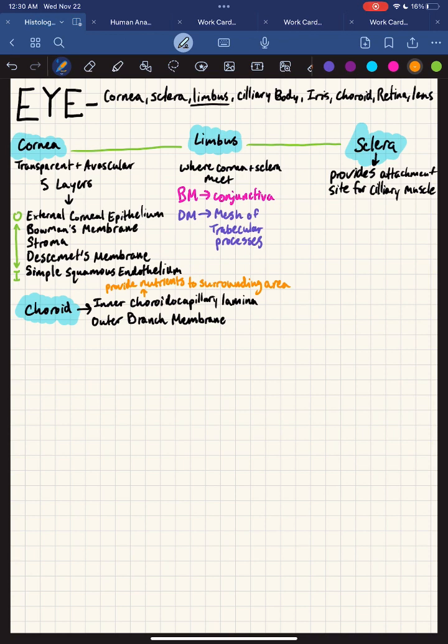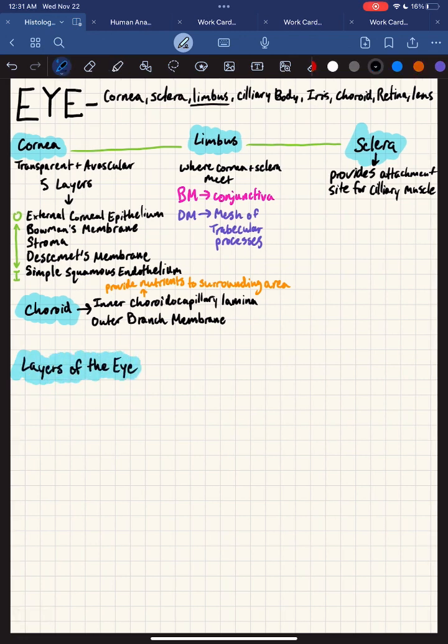Now, moving on to the layers of the eye specifically, we are going to have 3 layers, just the eye in general. Not a specific structure, but just talking about the layers of the eye right now is going to make a little bit more sense when we delve into the other parts that we're about to get into.